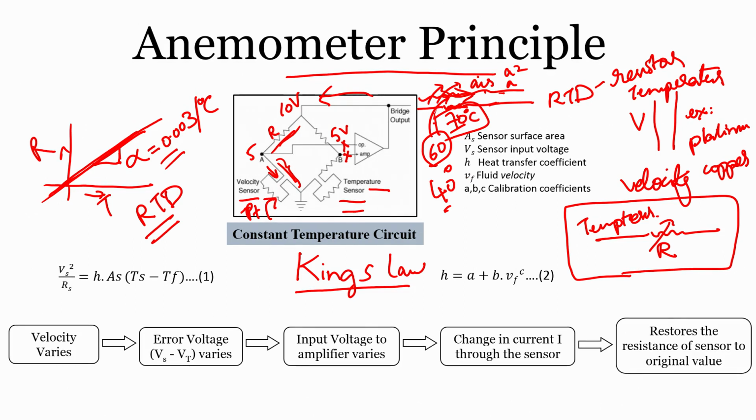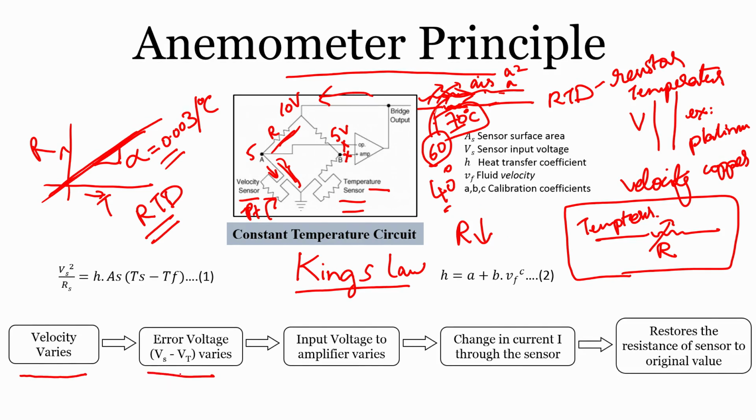Again, this may be a little complicated to understand at one instance, but then it is very simple. R drops because of the convective heat transfer, R drops, and then what happens is, here the fluid velocity increases.